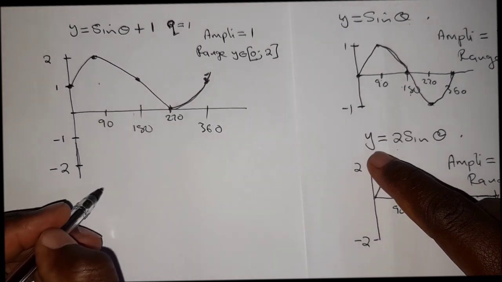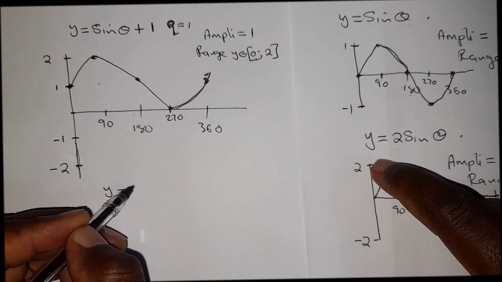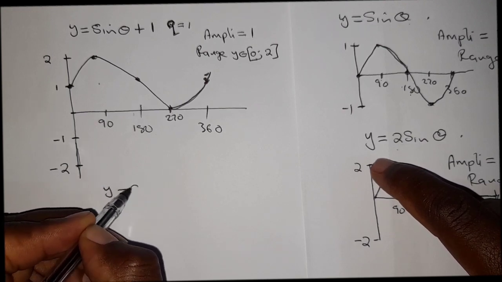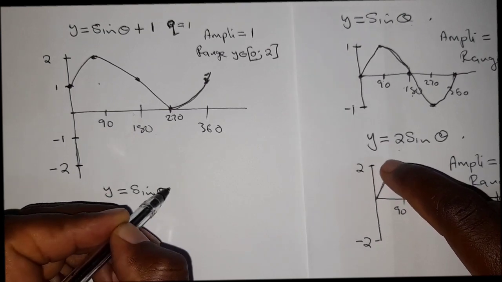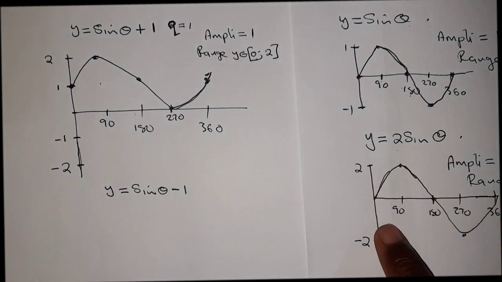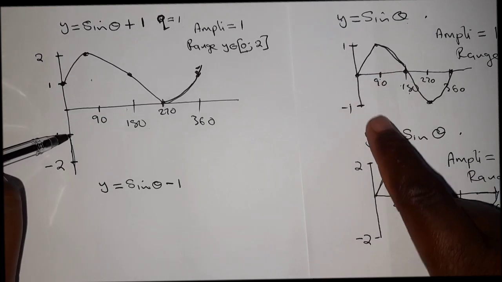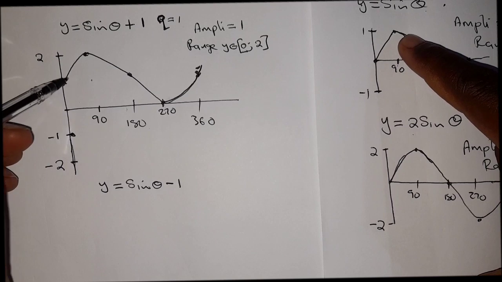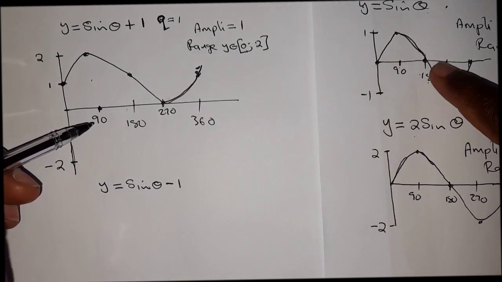Here is another one. y is equal to sine theta minus 1. This one has been shifted one step down, right? It was going up to 1, so it now goes up to 0.